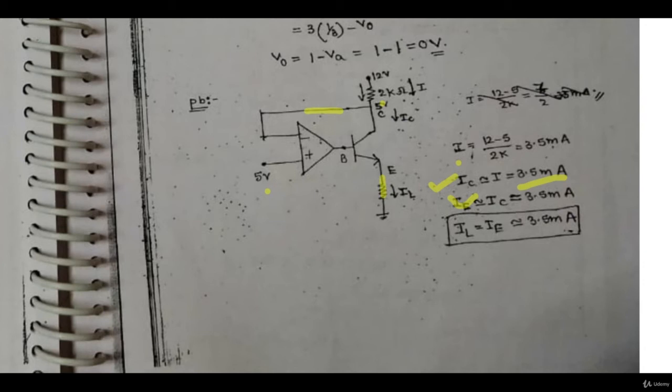There won't be much difference between the collector current and emitter current. IE will be 3.5 milliampere and IL will be 3.5 milliampere, hence. So IL we wanted to calculate.